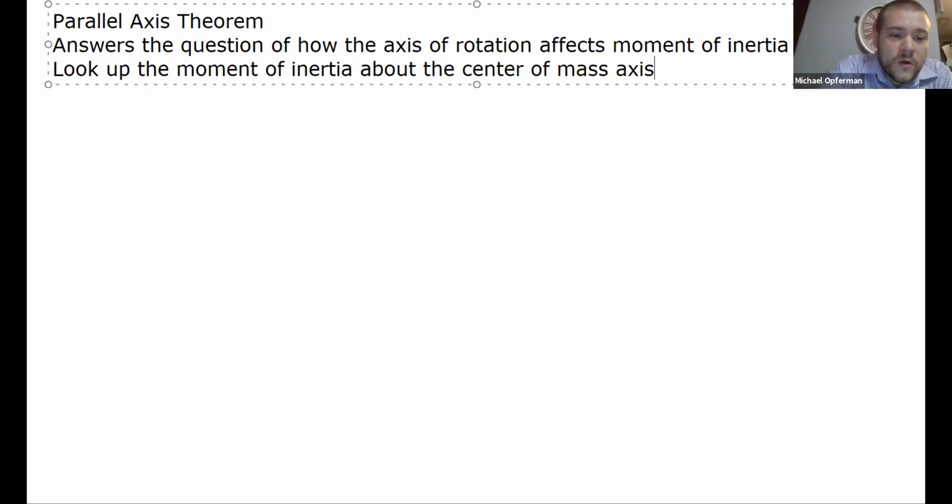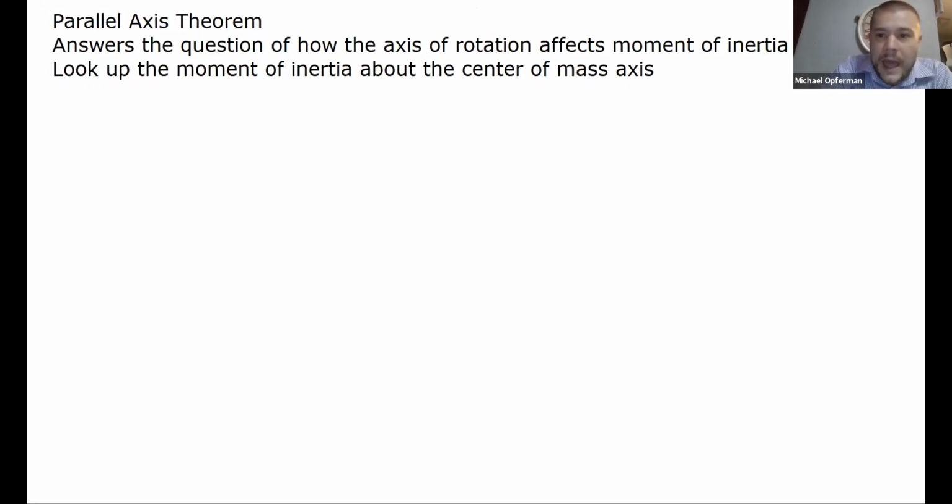And that we are going to call I_CM. I, by the way, is the symbol we use for moment of inertia, and CM is for center of mass, to remind us that this is not necessarily the moment of inertia of the object. It's only the moment of inertia if the axis passes through the center.